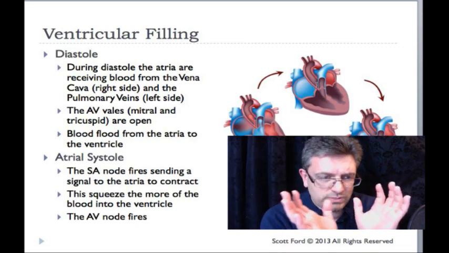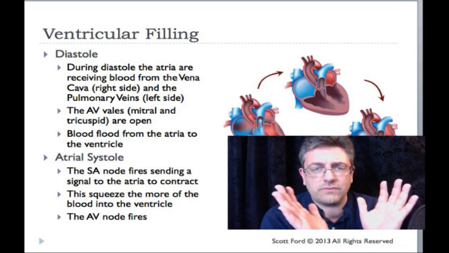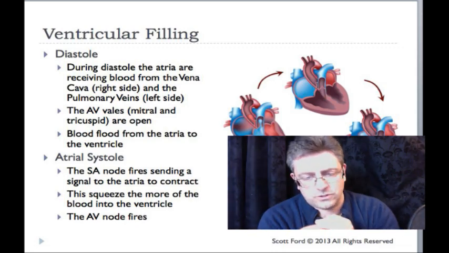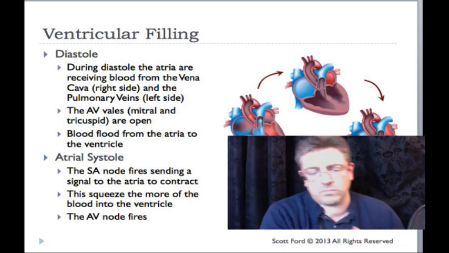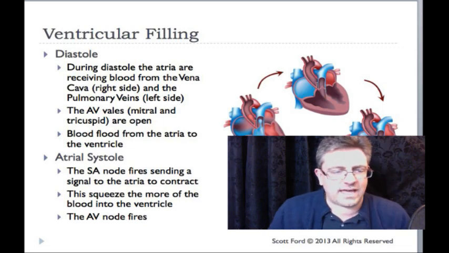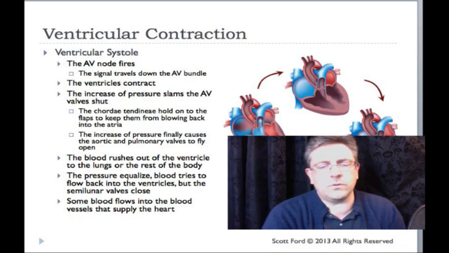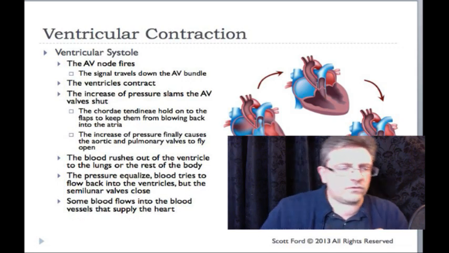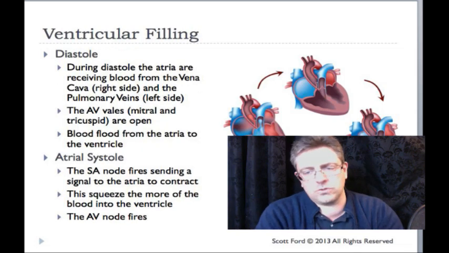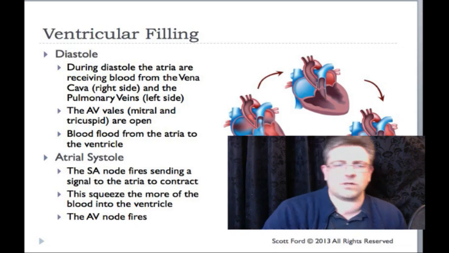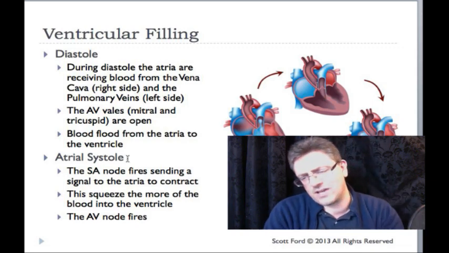It's going to squeeze out the rest of the blood from the atrium into the ventricles. The AV node fires. So we've now moved the blood from the atrium to the ventricle. The atria have their own diastole and their own systole. The diastole, again, is the resting. It's casually filling.